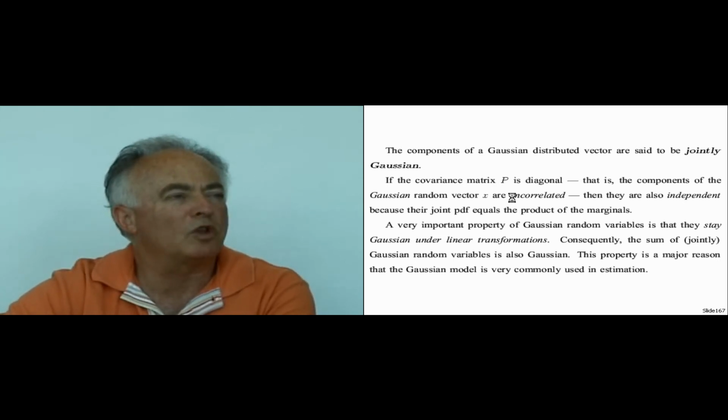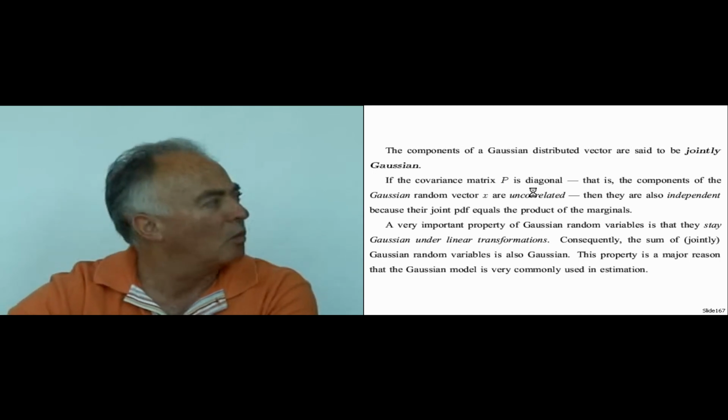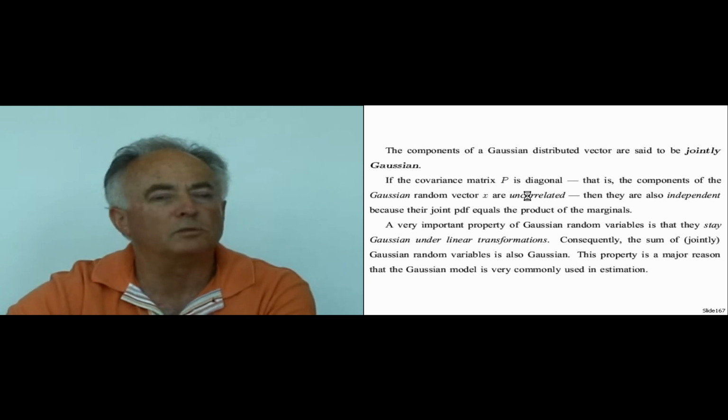Now, if the matrix is diagonal, it means all the off-diagonal terms are zero, therefore all the covariances are zero, and this follows from the fact that the joint Gaussian density breaks down into the product of marginals.